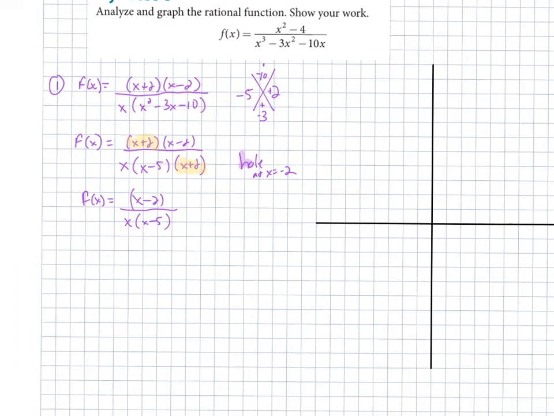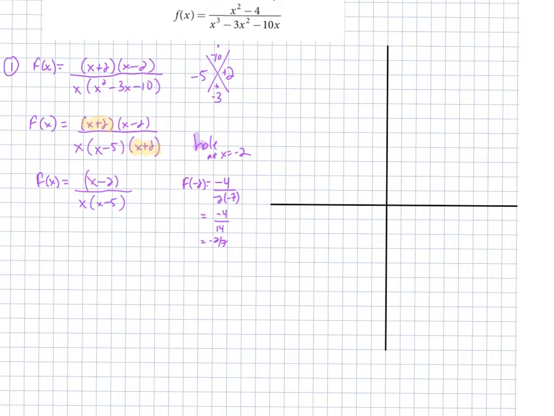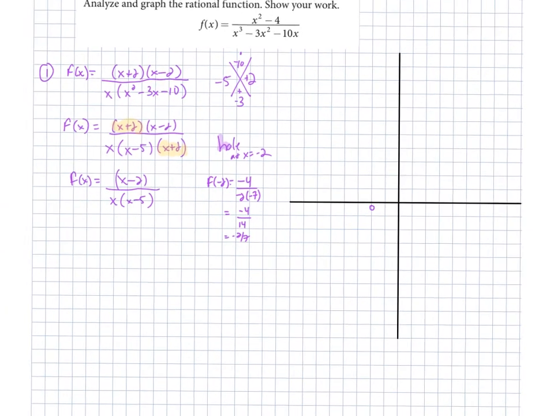And now I can use this simpler version as I continue to work. What's the y value of this hole? I have to plug it back in. So f of negative 2 is equal to negative 4 in the numerator, negative 2 times negative 7 in the denominator. So I get negative 4 over positive 14, negative 2 sevenths. So negative 2 sevenths is going to be down here for that hole. So you see I've plotted that already.